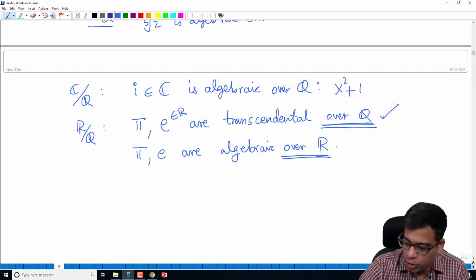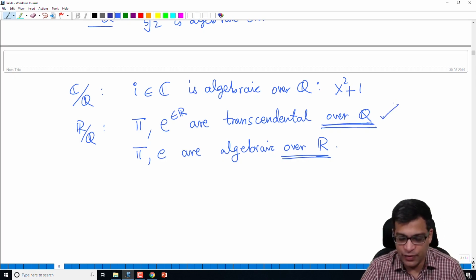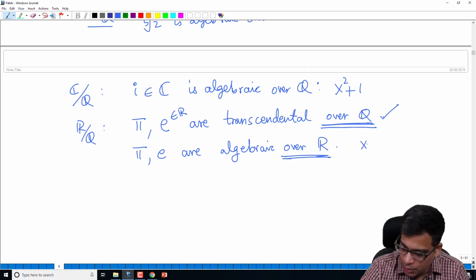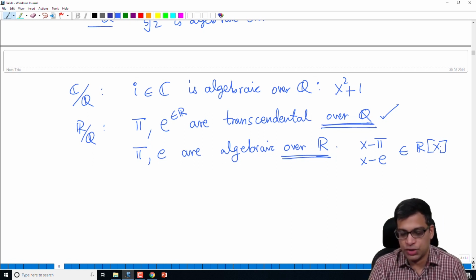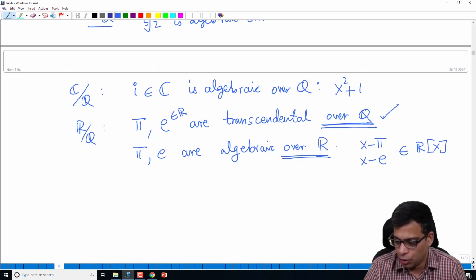While there is no polynomial over Q which has pi or e as roots, there are polynomials over R. For example, you can take x minus pi, and you can take x minus e, which are both polynomials over R, and of course they have roots pi and e. When you substitute pi in the first polynomial, you get 0. When you substitute e in the second polynomial, you get 0.